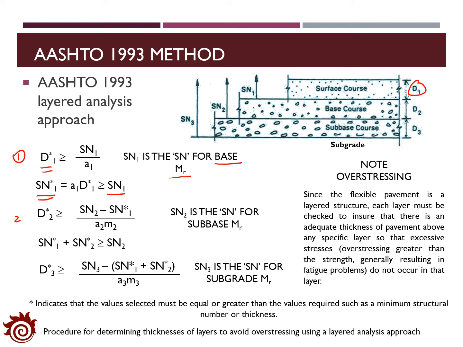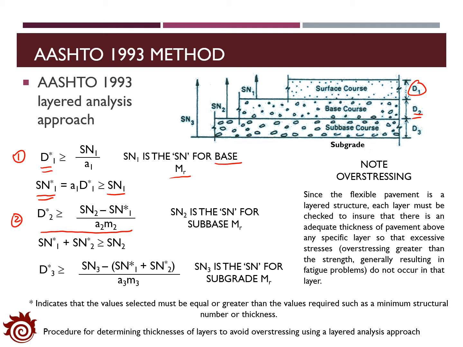Then in the second step, we will estimate the thickness of the base course D2. From the equation for the structural number in the previous pages, we can find that D2 should satisfy this equation, where D2 is higher than SN2 minus SN1 star divided by A2 times M2.